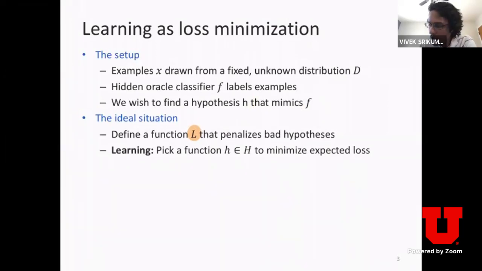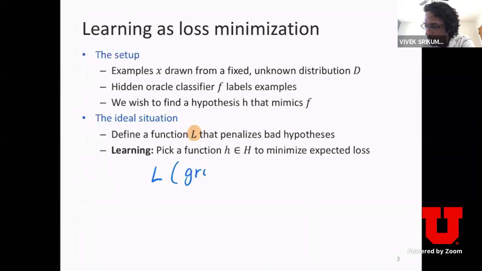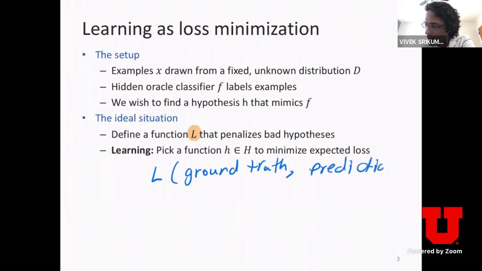You can think of L as a function that takes the ground truth and the prediction by some hypothesis for a certain example. We want to think of this as, for example, mistake. L gives a penalty of 0 if the ground truth is identical to the prediction, or it gives a penalty of 1 if there's a mistake.